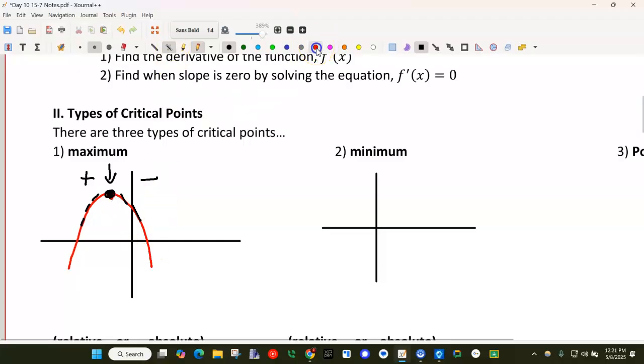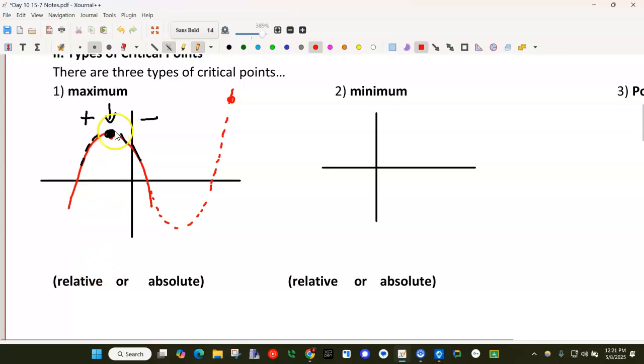Now, if this graph kept on going like this, and then some other value over here was higher than this value, then this becomes what's called a relative max. So we can have an absolute max if it's the absolute highest y value of the entire graph, or something that's relative, meaning it does go up, it does go down, but there's some other higher y value somewhere else on the graph.